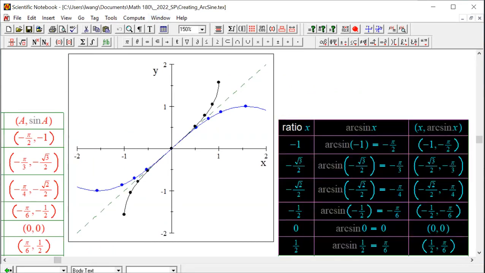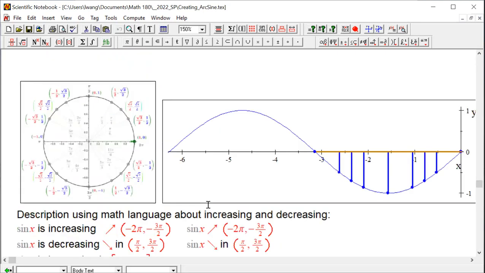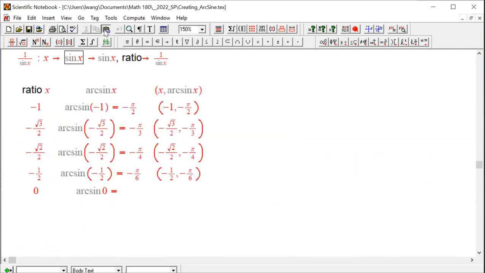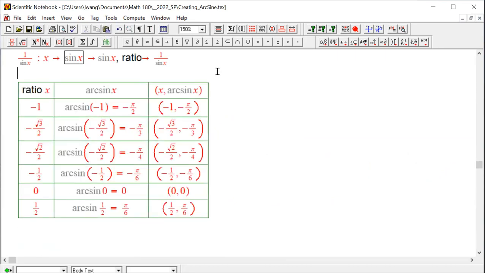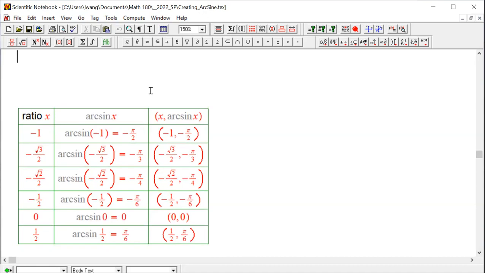We know how to handle ArcSine now, and we know how to write them. Now, for ArcSine, you have that button on your calculator, right?